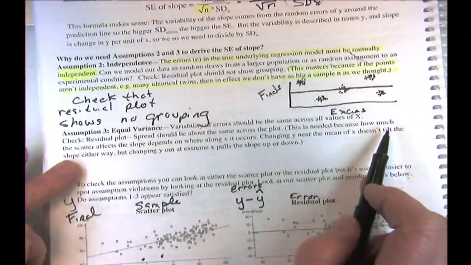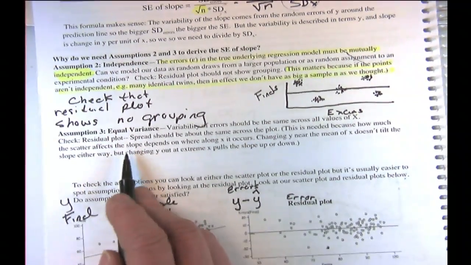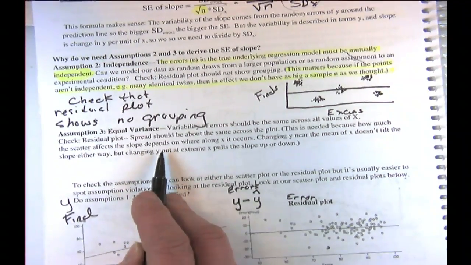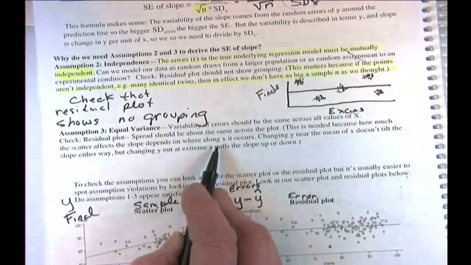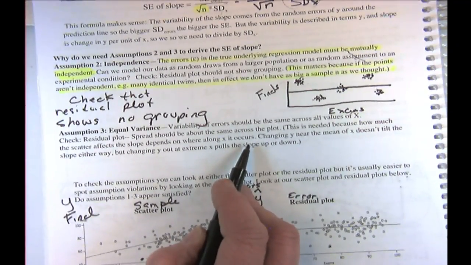This is needed because how much the scatter in the population, we're talking about in the population, affects the slope. Think of it. It depends where along x it occurs. Can you think about it?